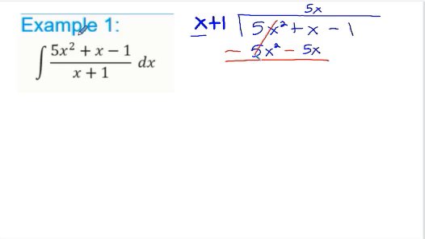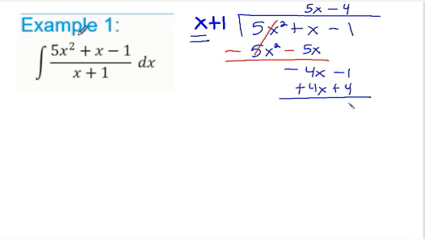That's what we want. And now we have a negative 4x minus 1. And I ask, what would I multiply this x by to get negative 4x? And that would be negative 4. So I have negative 4x minus 4. Since I'm subtracting, I change my signs.